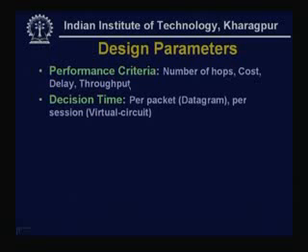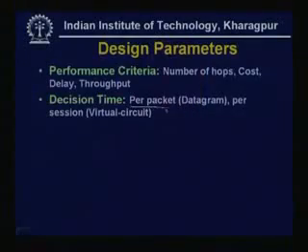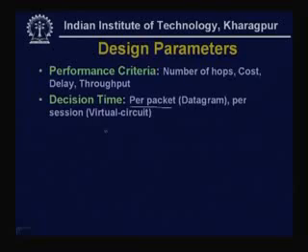Second question or second important parameter is the decision time. Now, decision time means when you will decide for routing a packet. The decision can be per packet basis. For each of the packets, each of the nodes will decide independently what should be the route for that particular packet. On the other hand, it can be per session basis.